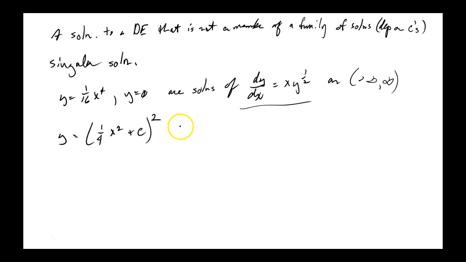Now, when c is equal to 0, then you have 1/16 x to the 4th, right? That comes directly from that, when c is equal to 0.